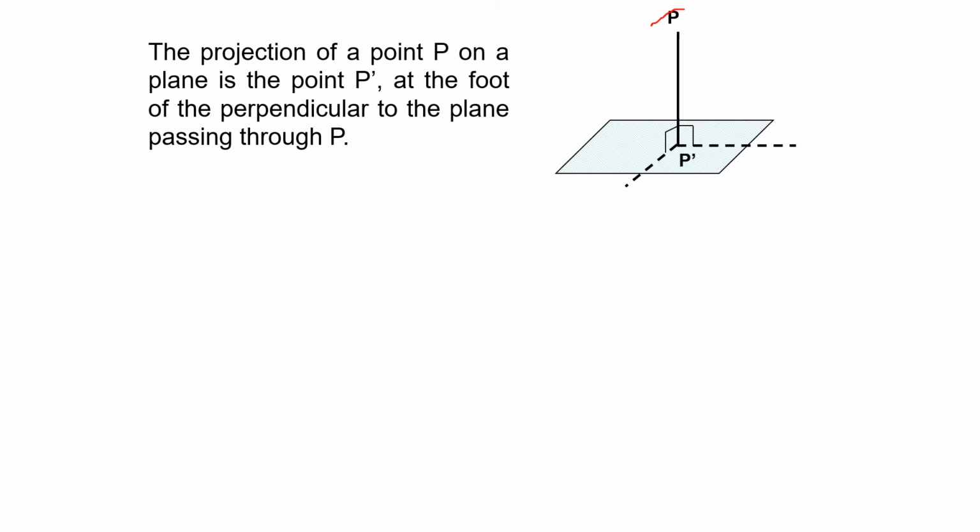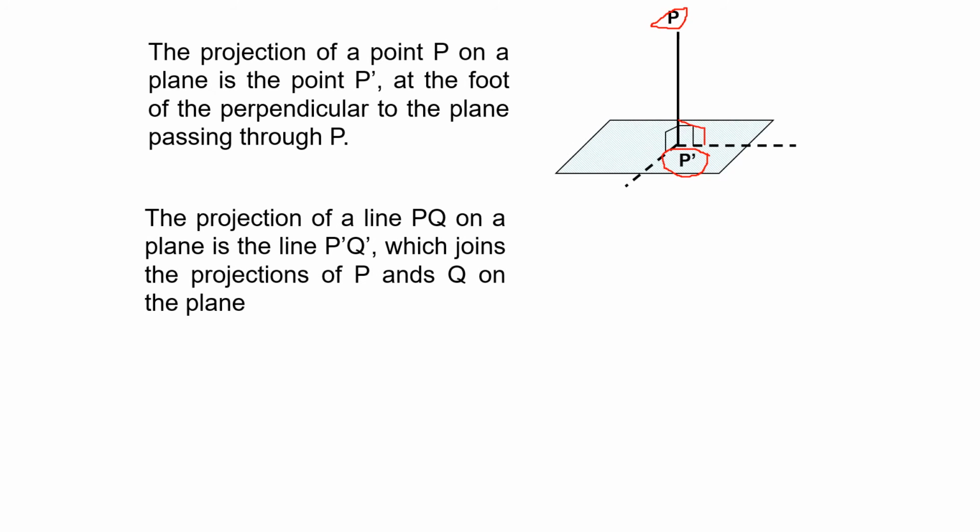So this is point P. The projection of this point on a plane, this is a plane, which is light blue in color, is at the foot of point P. So this will be the projection point for point P. P prime is the projection point, which is at the foot, and it has to be directly below P, and it has to be perpendicular to the plane. Right, so this is how you identify the projection point of P on a plane.